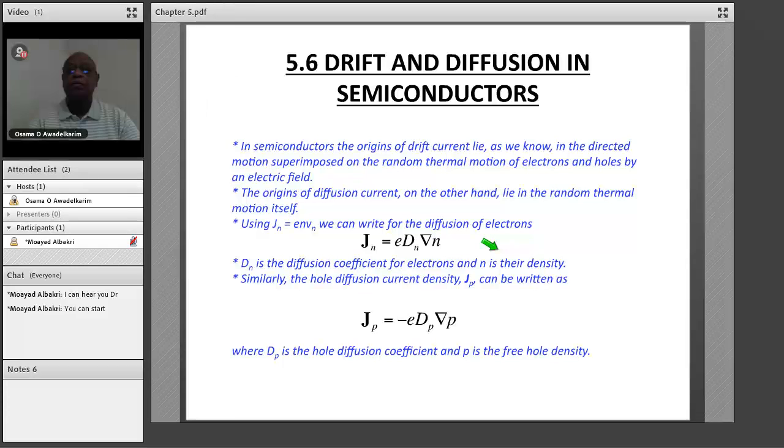So now we know, right from the beginning of this chapter, that the current density is always equal to the electric charge of the carrier, being electrons in this case, times the density of electrons, N, times the average velocity, Vn. Remember, in the whole of the first part, we derived Vn for drift when we have an electric field.